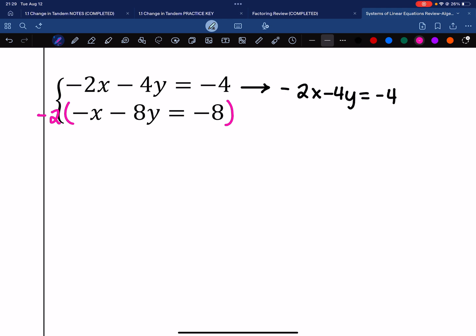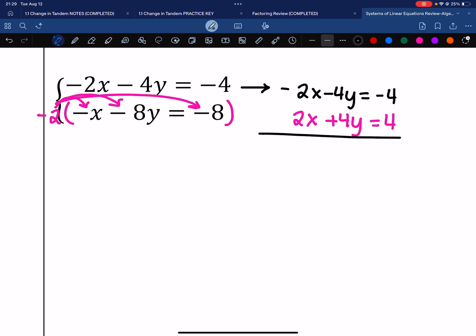The bottom equation, we're multiplying everything by -2, so we get a +2x, we get a +4y, and we get it equal to +4 as well. So now we can go ahead and add because we have the same number but opposite signs. And when we do that, that allows these two to eliminate.